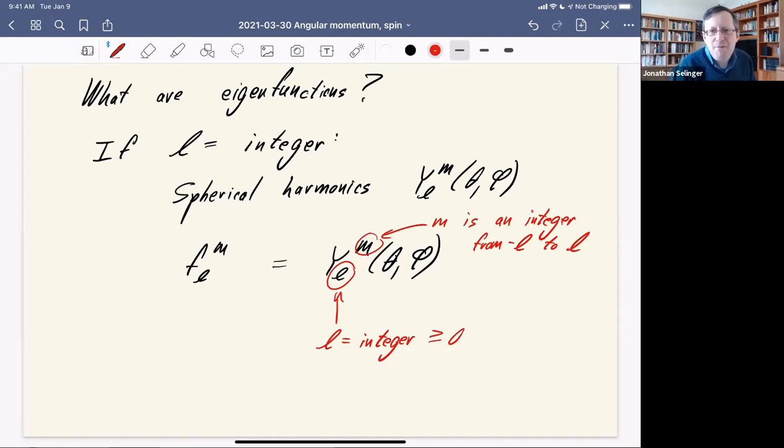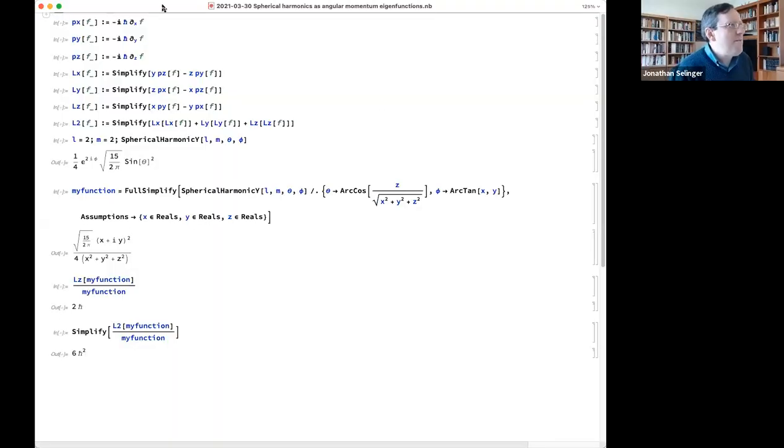Okay, so I'll switch to Mathematica here. Here's some Mathematica code for thinking about angular momentum. First I'm going to define all the right operators.